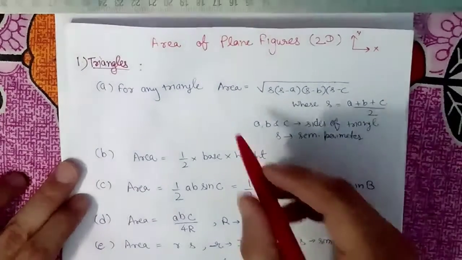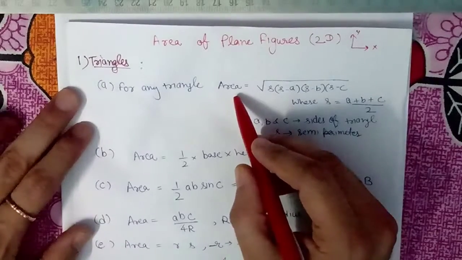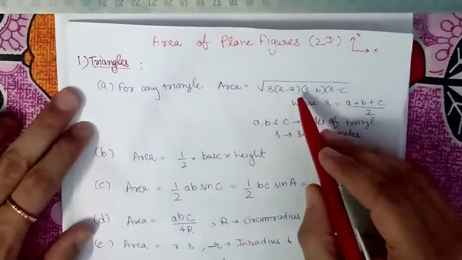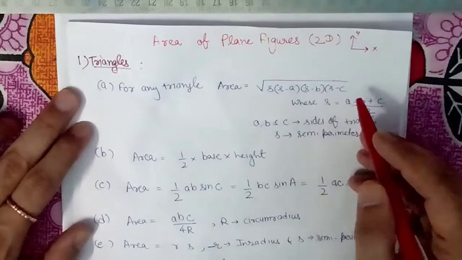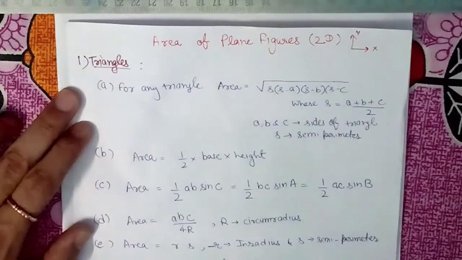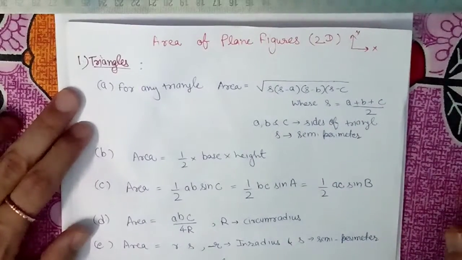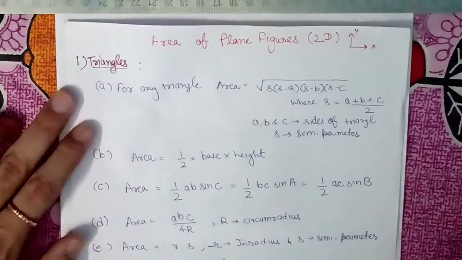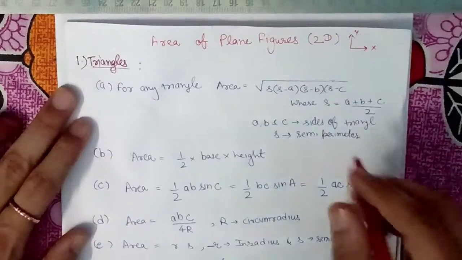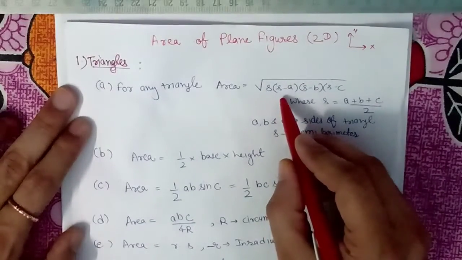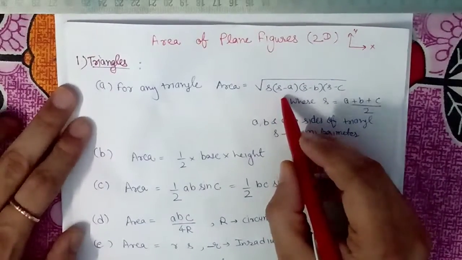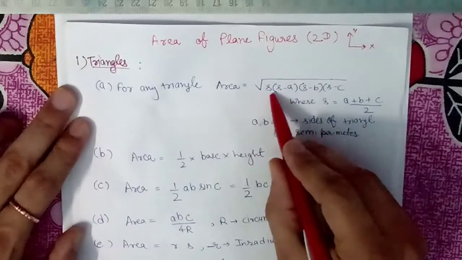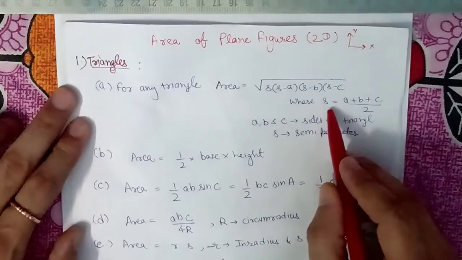So first of all, we have this very basic formula when the lengths of the sides of the triangle are given. Let's suppose we have a triangle with sides A, B, C. Then we will apply this formula to get the area of that particular triangle, where S is equal to the semi-perimeter.